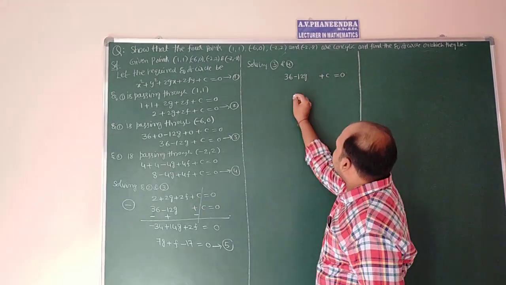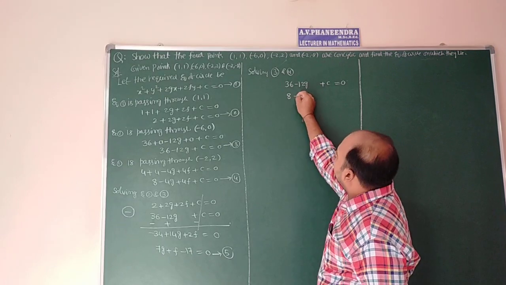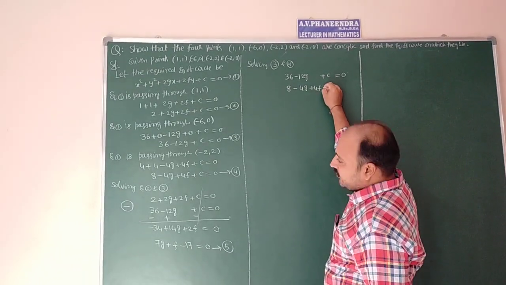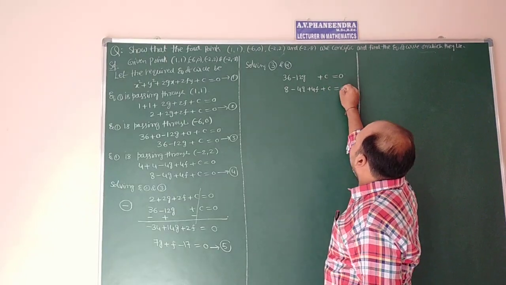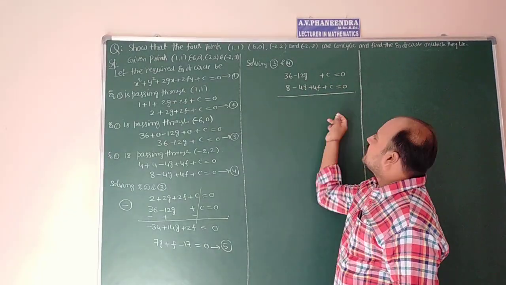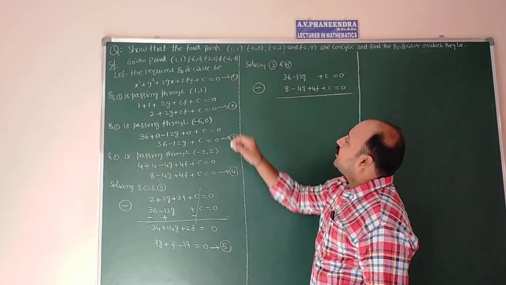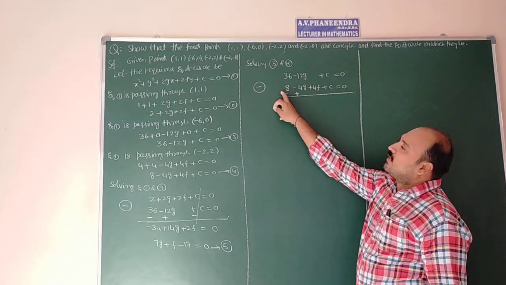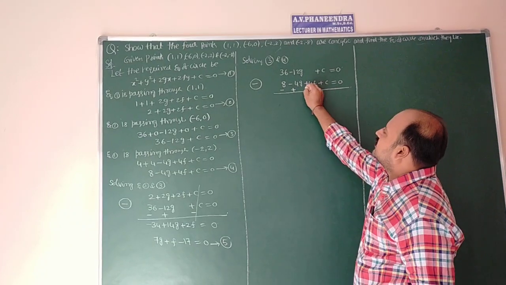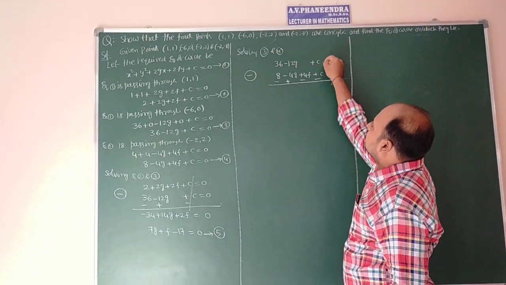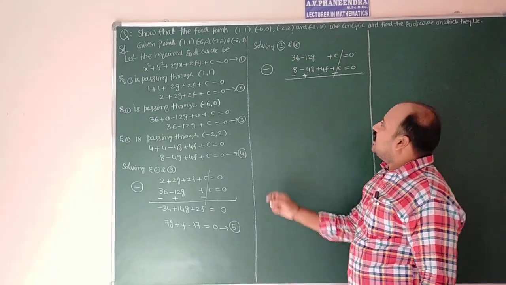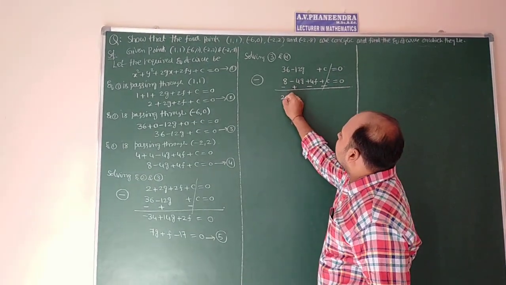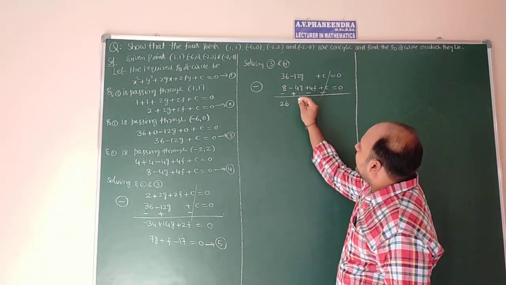In the fourth equation, 8 minus 4g plus 4f plus c equal to 0. To eliminate the c value, we need to subtract both the equations. Whenever subtracting, sign change. Plus c minus c get cancelled. 36 minus 8, it becomes 26. Sorry, 28.